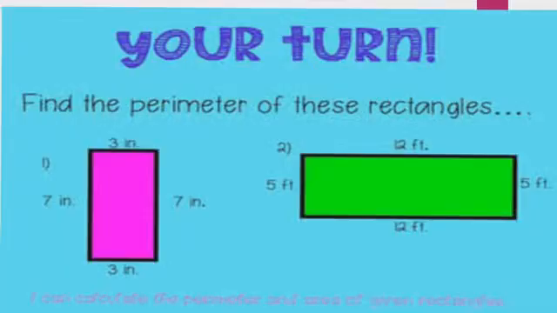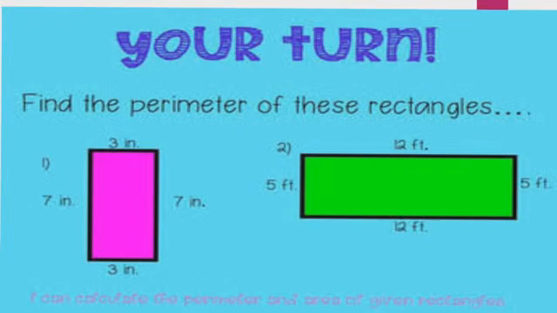Now it is your turn to solve this. We're going to find the perimeter and the area of this shape. Find the perimeter of the rectangle. I also want you to find the area of this rectangle. Now, in order to find the perimeter of the rectangle, perimeter is all about calculating all the four sides.